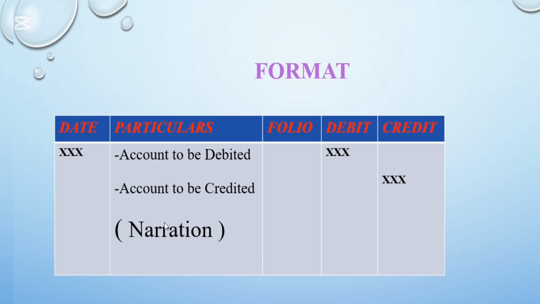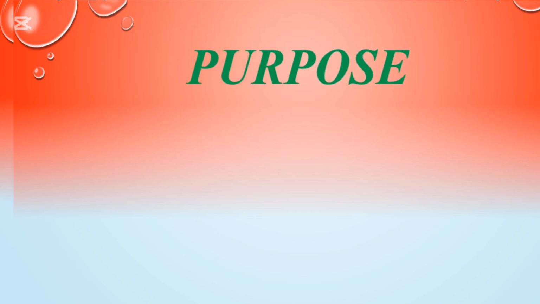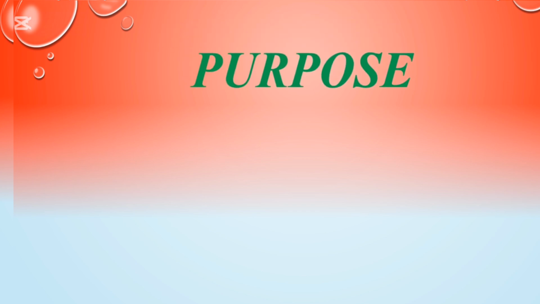Narration is very important because it is a short explanation about the transaction you've recorded. Are we together? So start with the account to be debited, go ahead with the account to be credited, and then don't forget the narration. The general journal is basically prepared with a purpose.